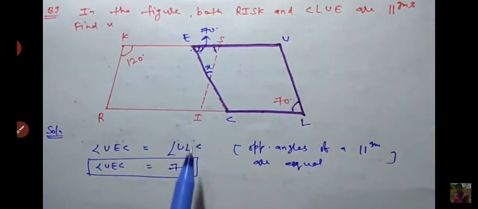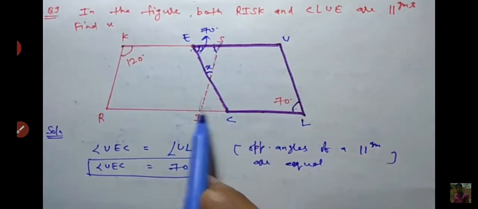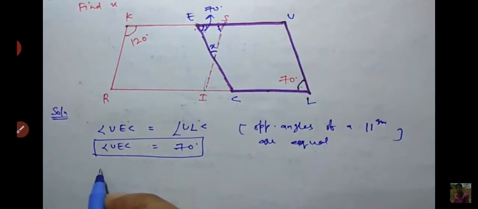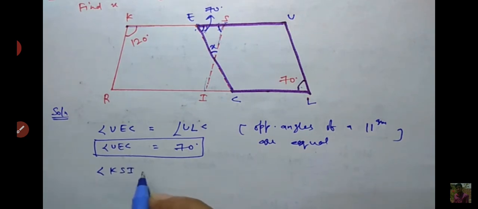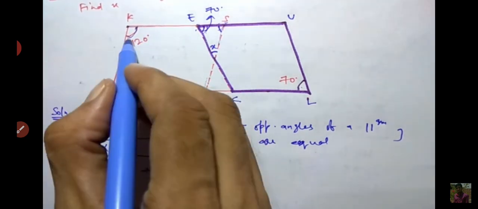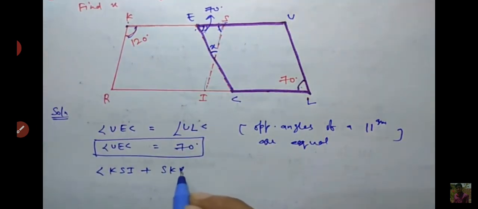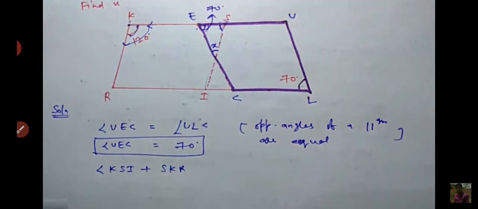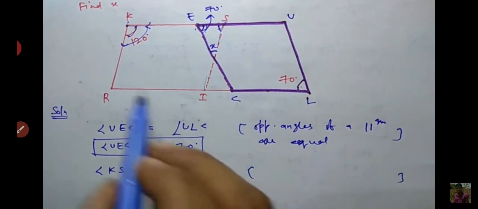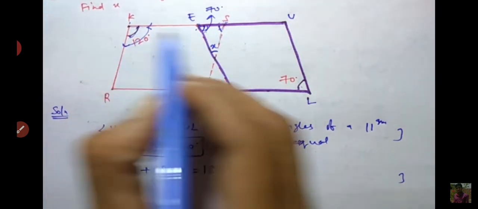Now this angle, we can talk about this angle in this quadrilateral. We know that angle KSI plus angle SKR is equal to 180 degrees because adjacent angles of a parallelogram sum to 180 degrees.